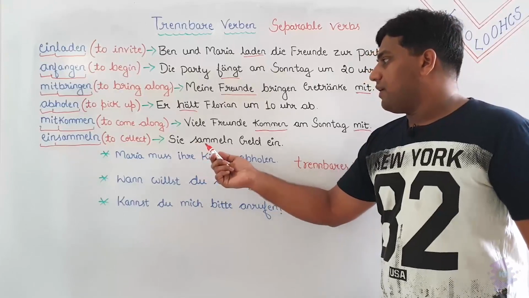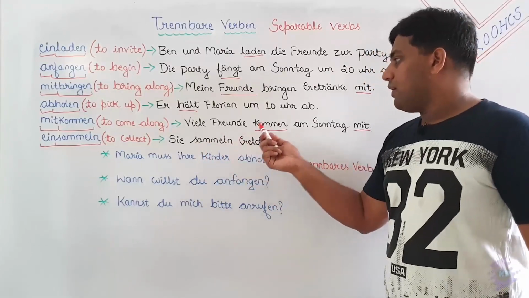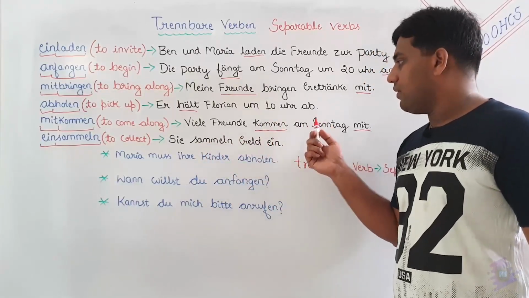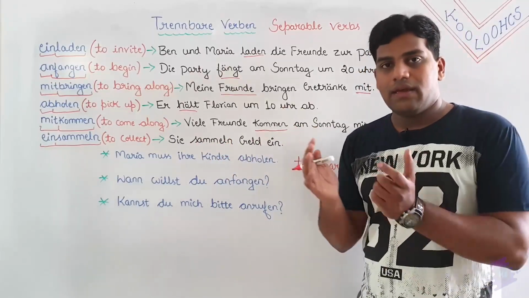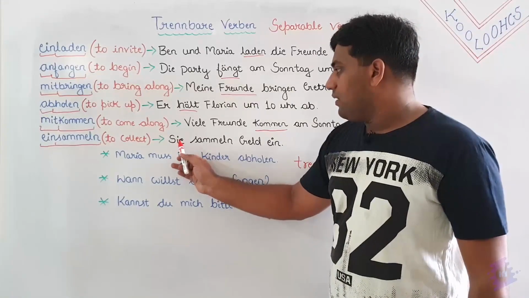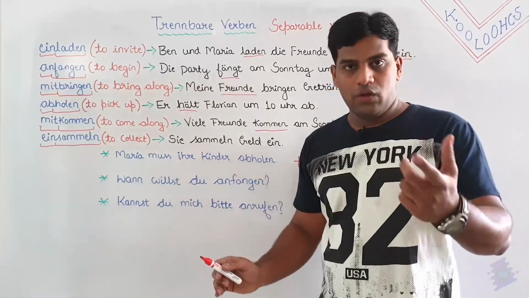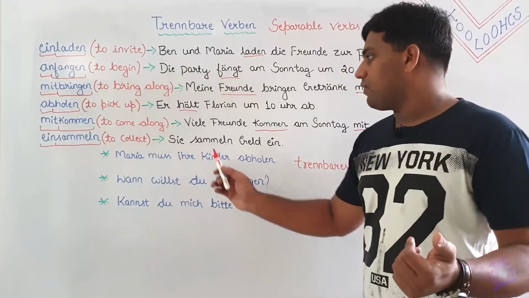Here is an example. They collect money. To say they collect money is Sie sammeln Geld ein. It can be they, it can also be you with respect. That is also sie.